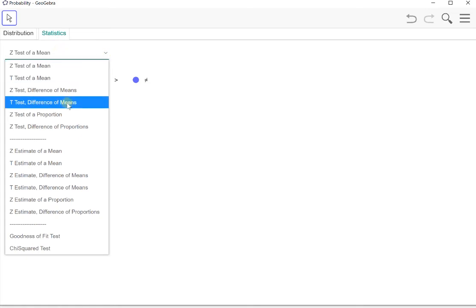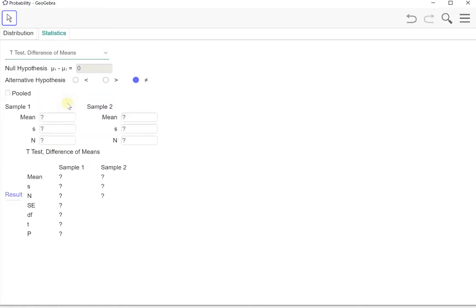So we'll choose t-test for the difference of means. Now, our null hypothesis is that our first mean minus our second mean is equal to 0. Our alternative hypothesis is that this is going to be less than 0.